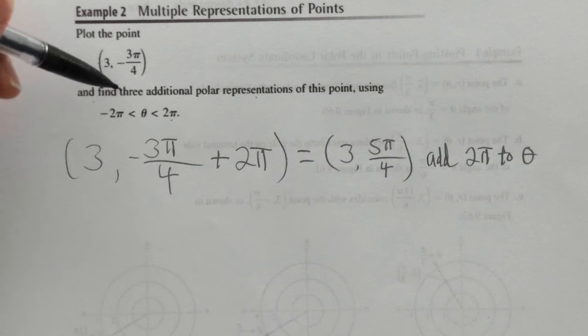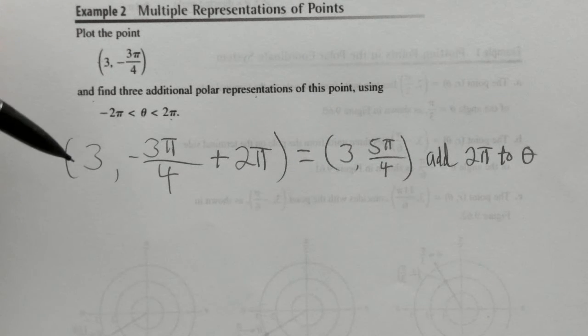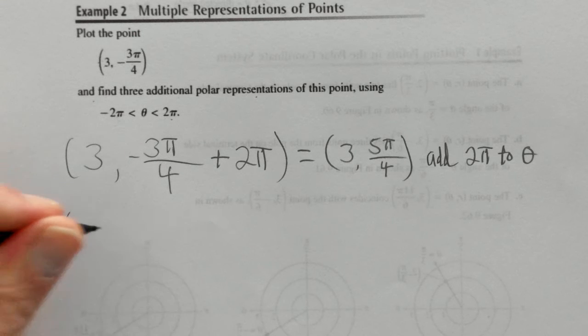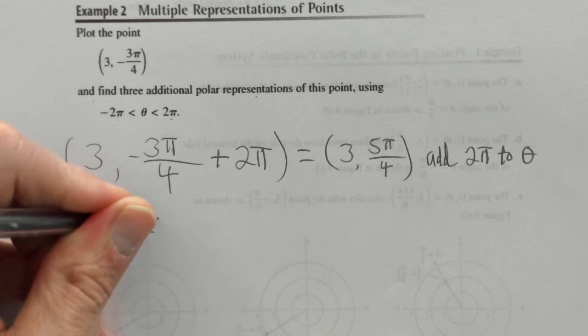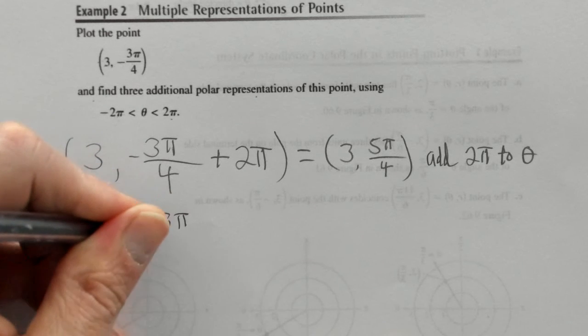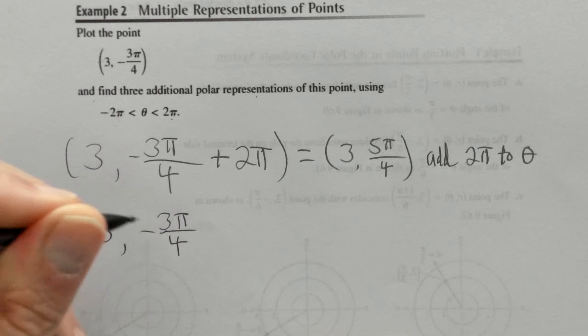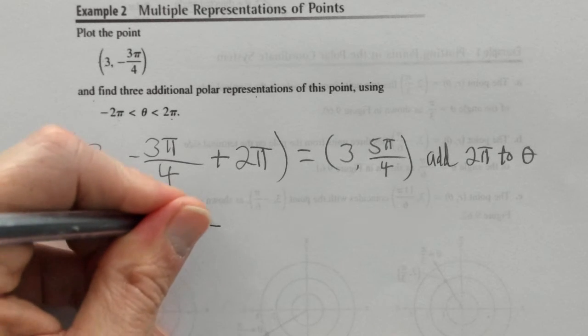Now it says find 3 that are within this interval. So there should be 2 more ways to do it, and there are. The next way would be to change the sign of the radius from positive 3 to negative 3. Then I can take what was here, negative 3 pi over 4, and add pi to it.